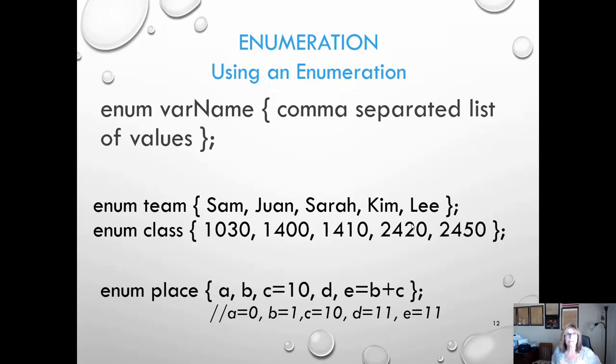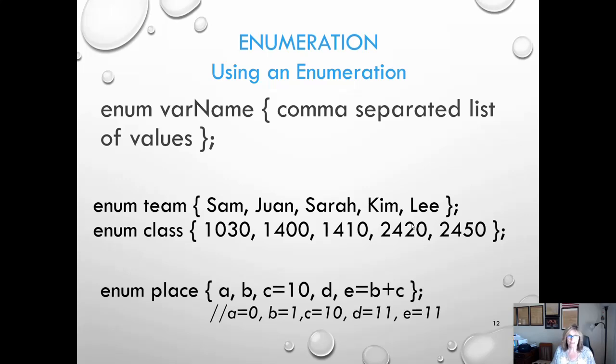But this is what it looks like if I were to change those values. So here we have A, B, C, D, and E, 5 integral constants. The value in A is going to be 0 because that's where it defaults to if you don't set it to something else. B is going to be 1. We go 0 and 1 because it adds 1 to the previous integral. I am actually going to initialize C to the value of 10.